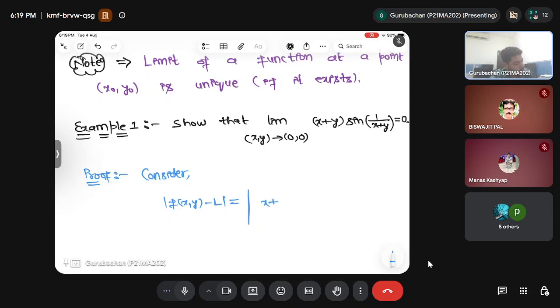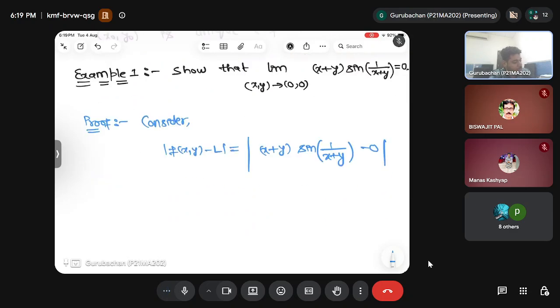So (x plus y) sine (1 by (x plus y)) minus 0. Now you know that this thing can be written as mod of (x plus y) sine (1 by (x plus y)).